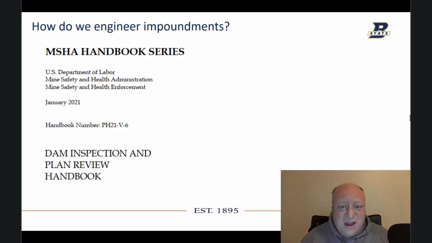They also have a very lengthy guide on designing coal slurry impoundments, and other sorts of tailings dams as well. And that's in a very, very long sort of engineering handbook that I have also included with the class, and some of that's going to be in here as well.